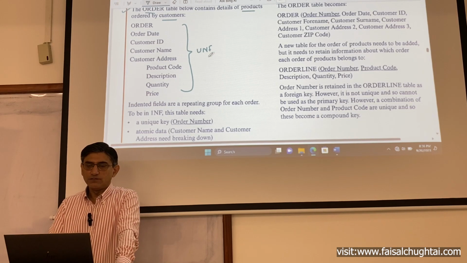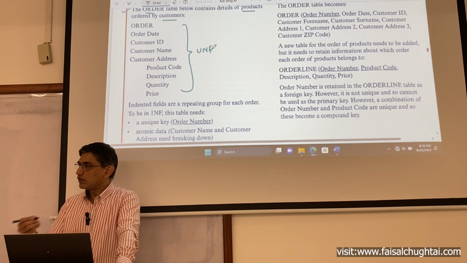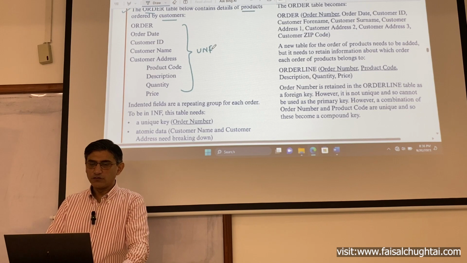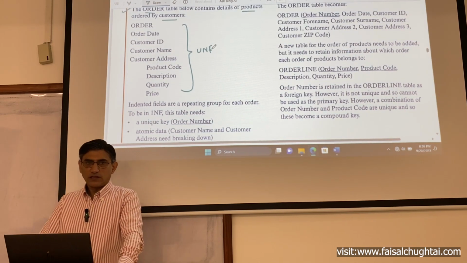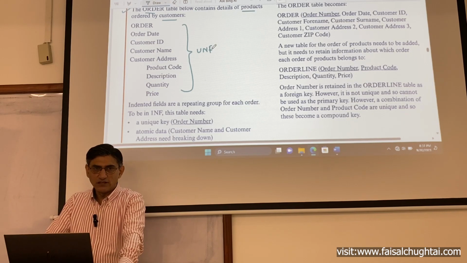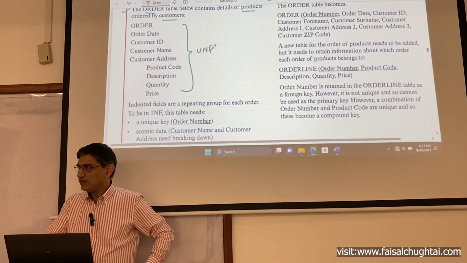So we have the UNF, the unnormalized form. If this was to be converted into the first normal form, what will we have to do to this? Can anybody repeat the steps in the first normal form? I just told you the three things.